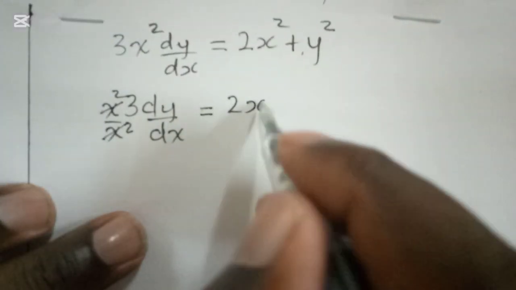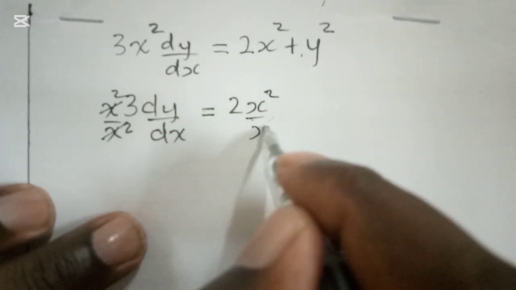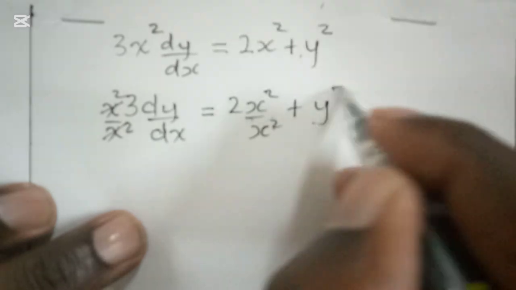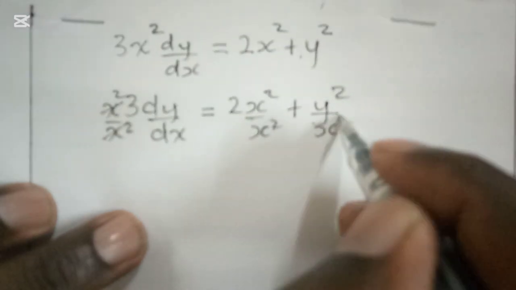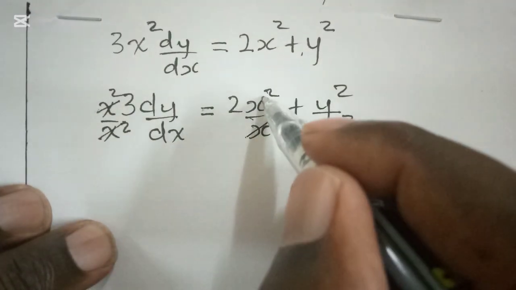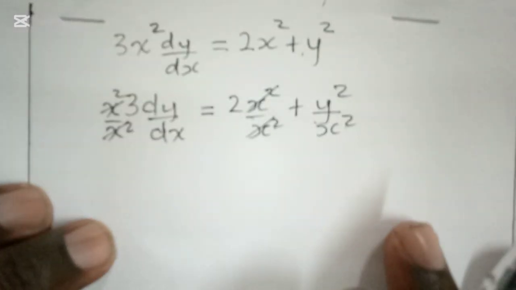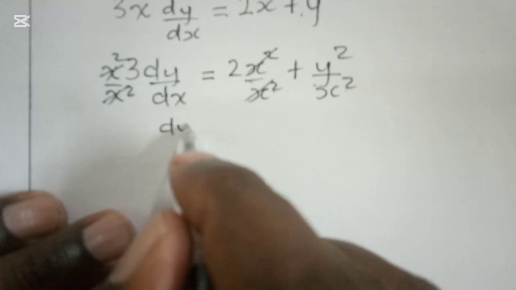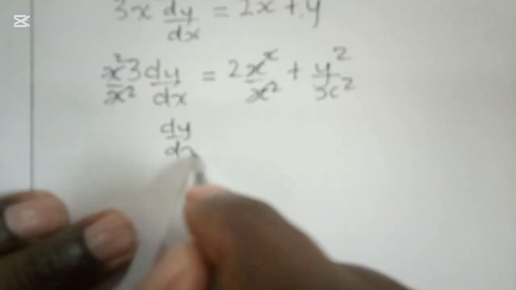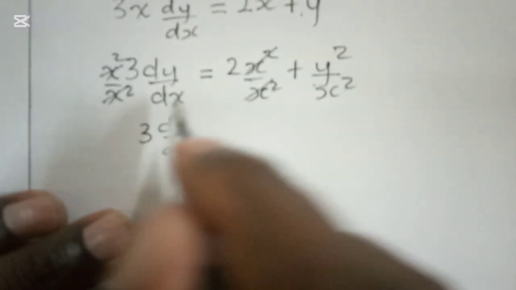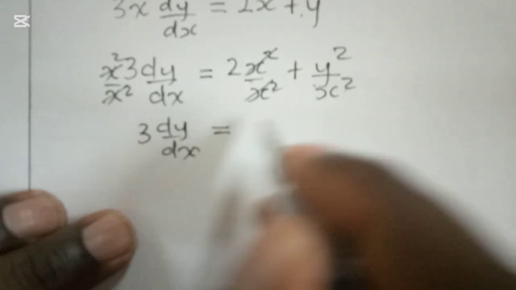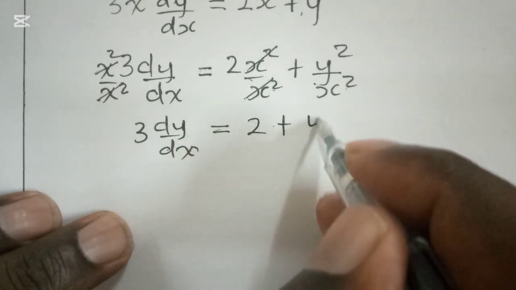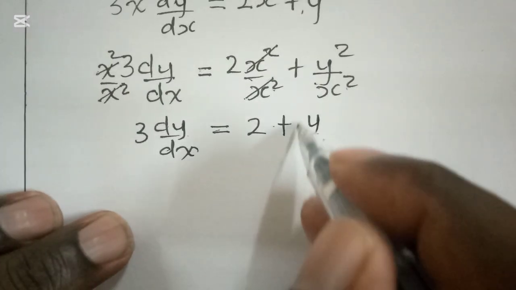I come here, divide by x squared, plus now y squared. I divided again by x squared, so that can cancel. So we are left with 3 dy over dx equals 2 plus y over x squared.